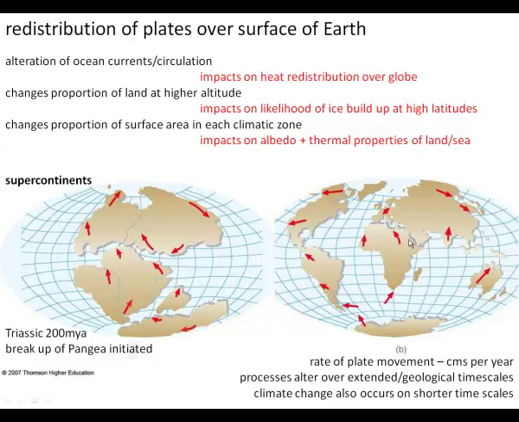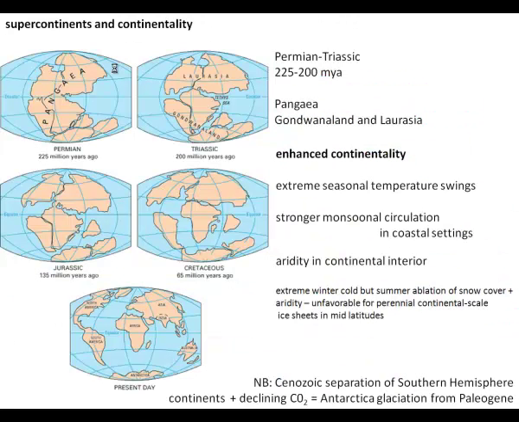So the processes and the changes that redistributing the plates introduces in an environmental sense occur over these extended geological time scales. But as we'll see, climate change can also occur on shorter time scales linked to plate tectonic processes as well.